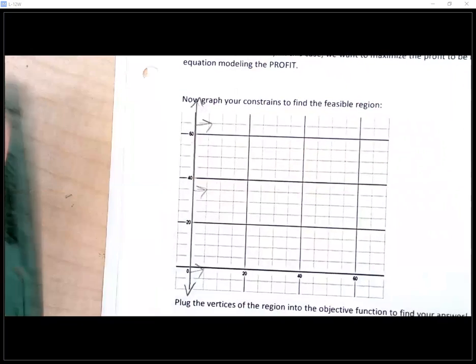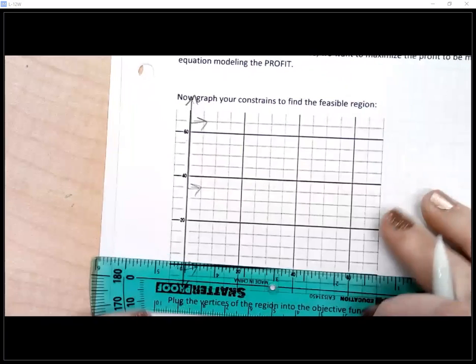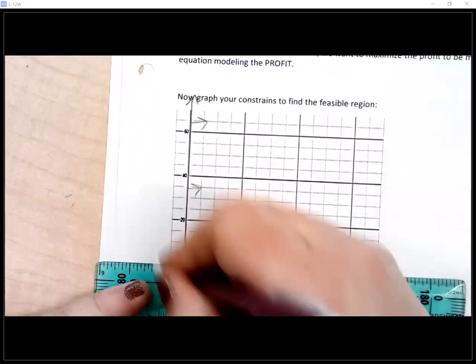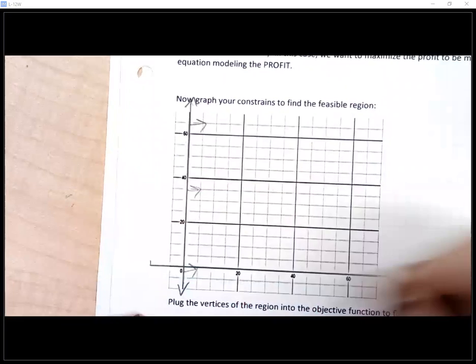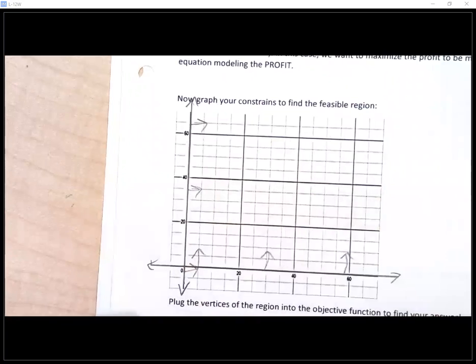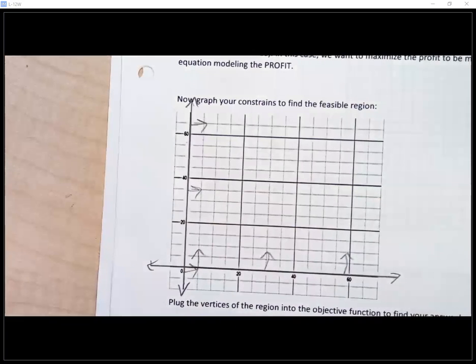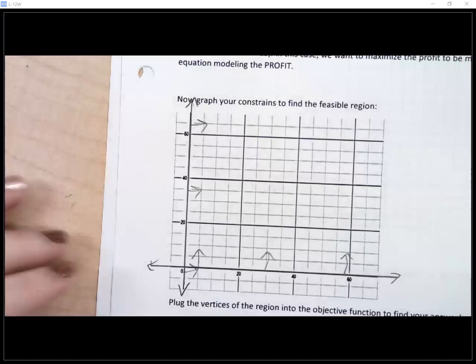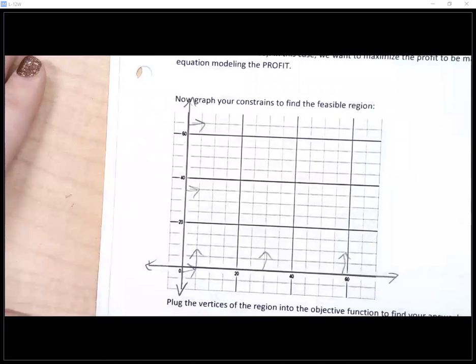Same thing for the Y's. All of the Y's need to be greater than or equal to 0. Okay, those 2 are easy enough. Now, let's go back up to my other 2 constraints.